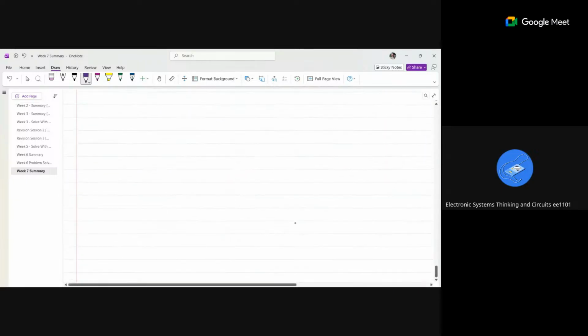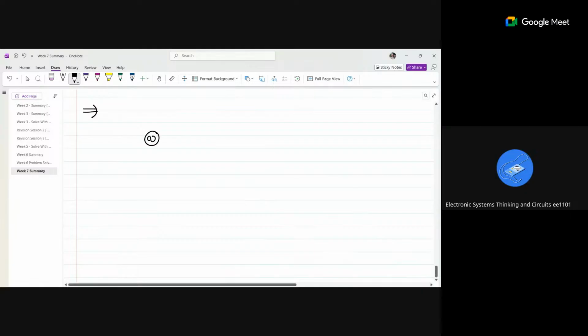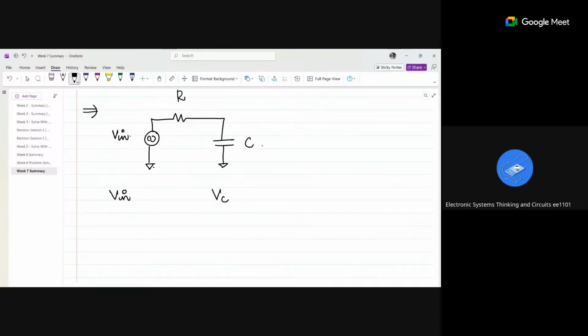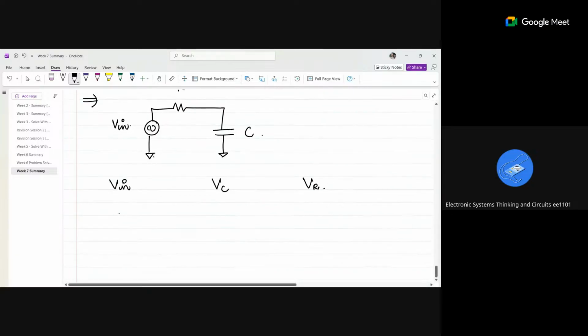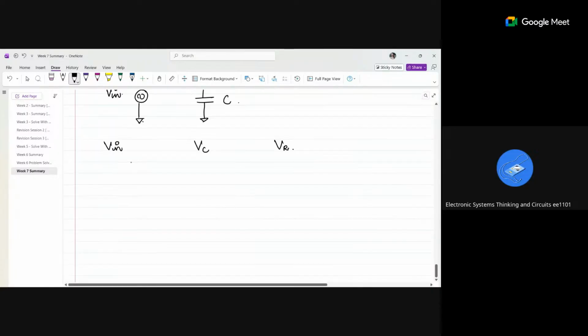So we'll just summarize and then we will move to problem solving. If my Vin in the circuit is a Vm step input, what is my VC of t?